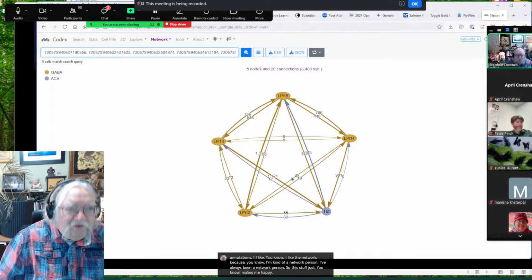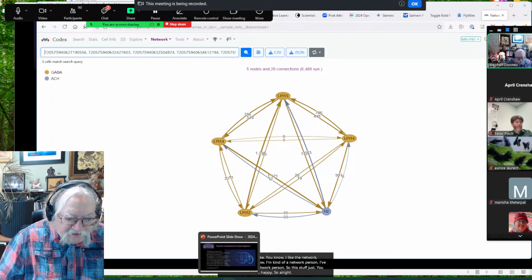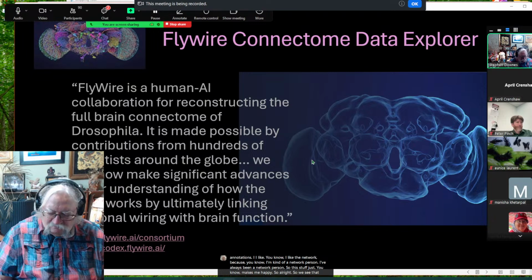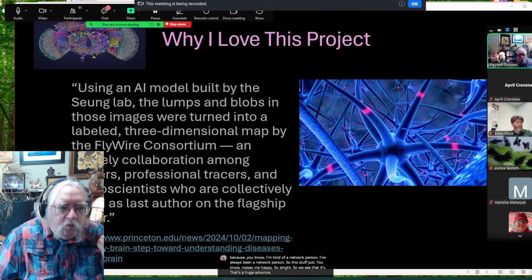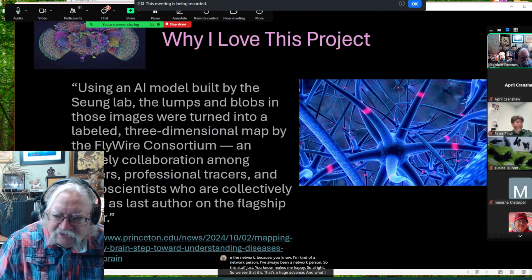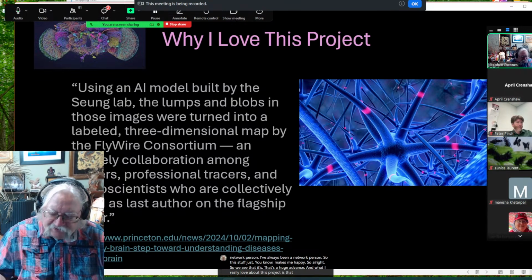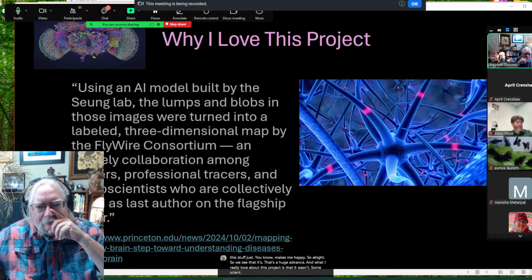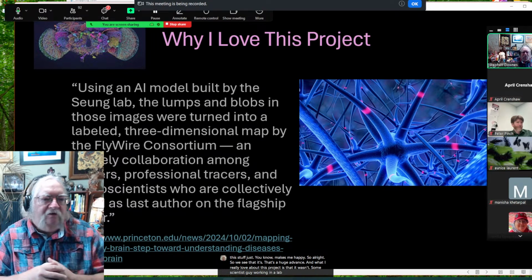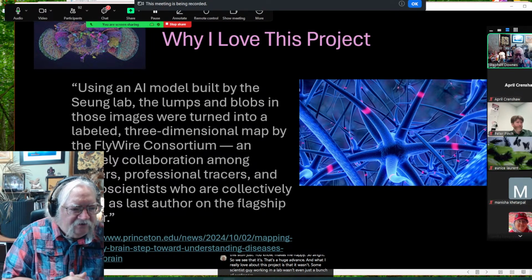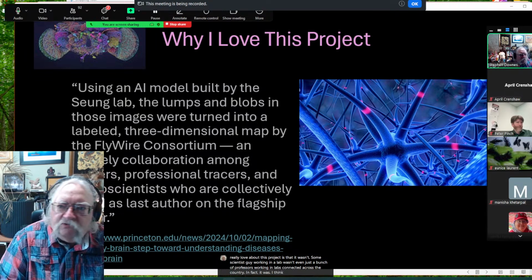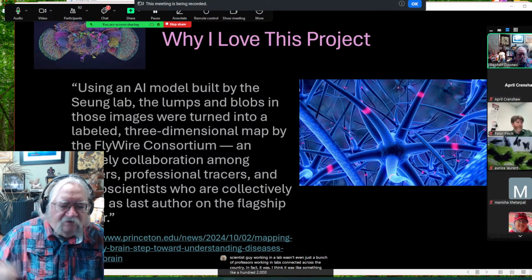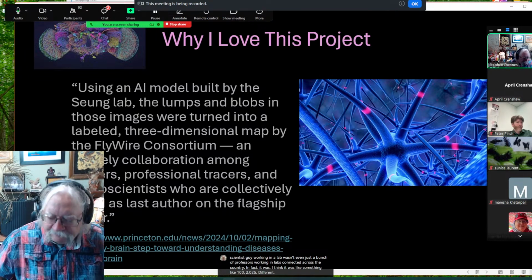So, all right. So we see that it's a huge advance, and what I really love about this project is that it wasn't just some scientist working in a lab, wasn't even just a bunch of professors working in labs connected across the country. In fact, I think it was something like 120, 125 different partners in the collaboration.